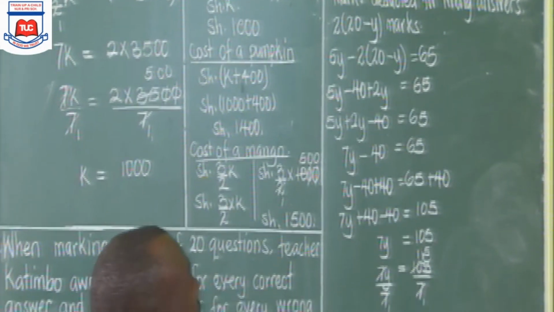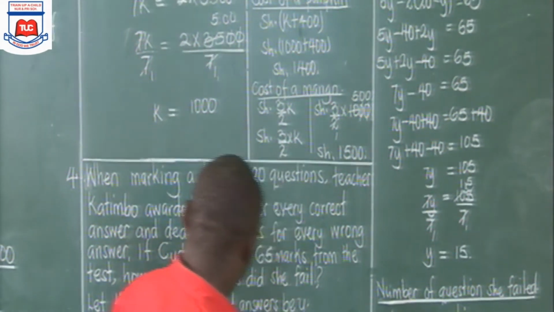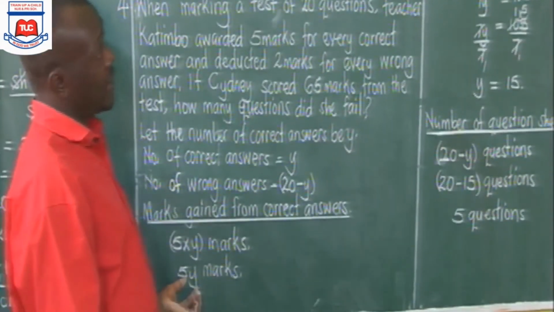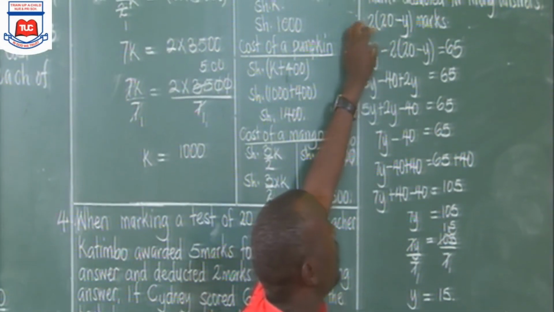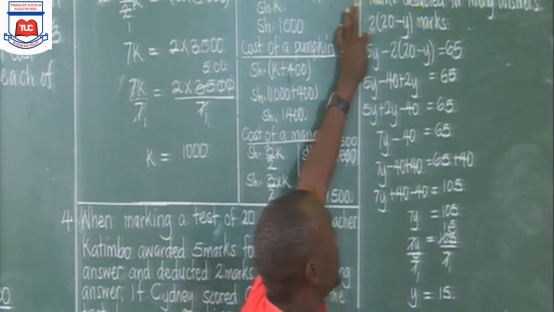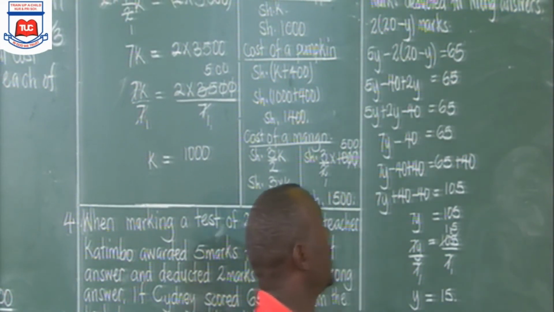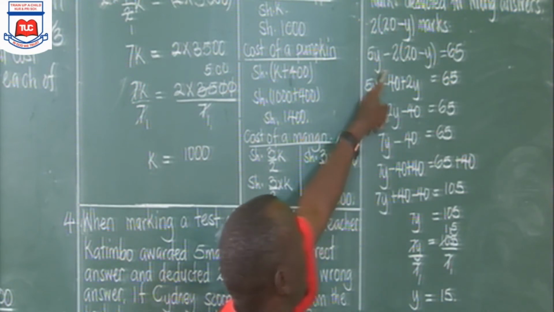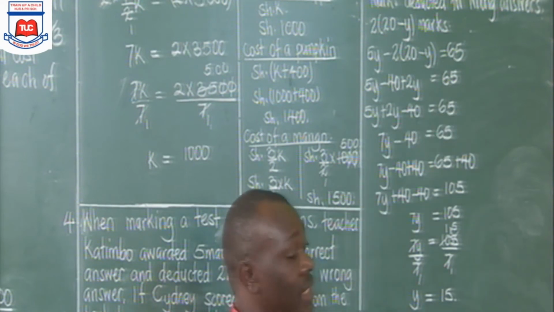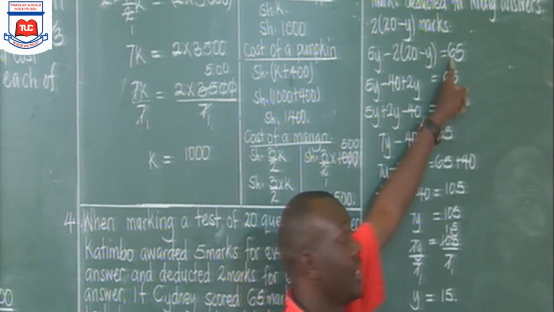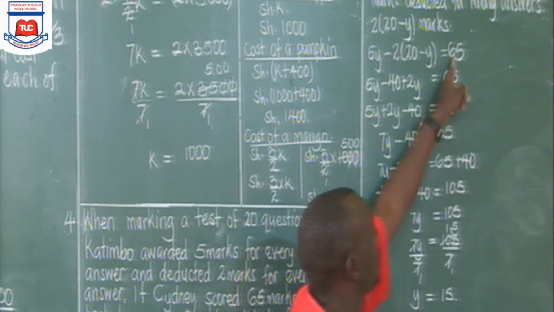To form the equation, you take the marks gained from the correct answers minus the marks deducted. That is 5y minus 2 into (20 minus y), giving what Sydney scored at last, the final score of 65 marks.